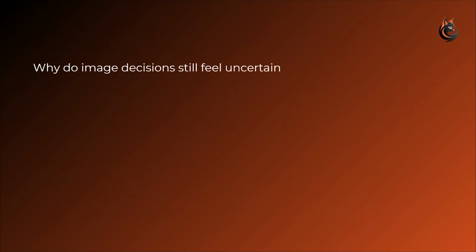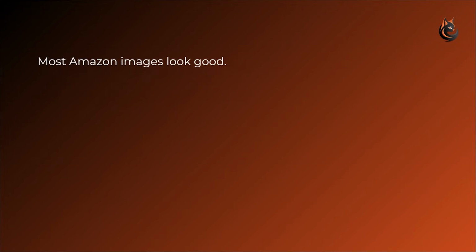All right, just a quick question. Why do image decisions still feel uncertain even though you are investing in designers and agencies? I know it may cost you thousands of dollars, and you already have a lot of AI tools, but there's a feeling that it's still uncertain if this is going to work. In my opinion, based on my experience, most Amazon images look good.